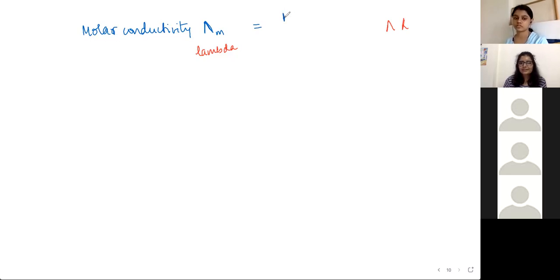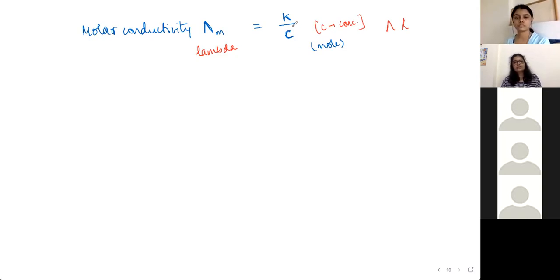So it is conductivity for 1 mole, conductivity divided by the concentration. Concentration is usually expressed in moles. Like molar mass is the mass of 1 mole of atoms or molecules, molar conductivity is the conductivity of 1 mole. So it's conductivity divided by the concentration.